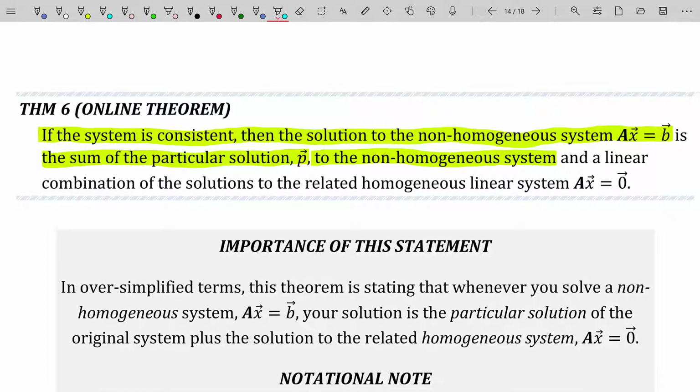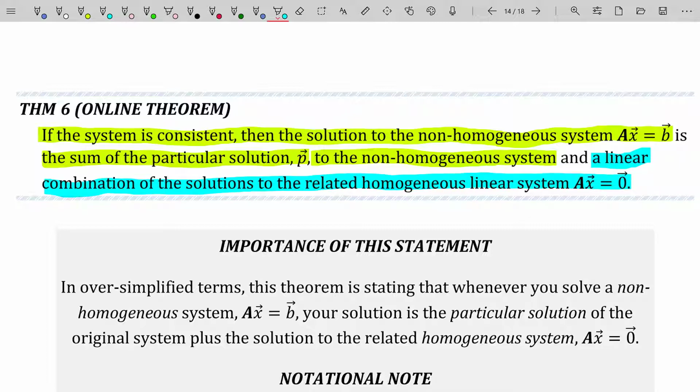Anyhow, if the system is consistent, then the solution to the non-homogeneous system, Ax = b, is the sum of the particular solution p to the non-homogeneous system. And now here I'm going to use a different highlighter because this is where this theorem splits into a secondary part. So it's the sum of the particular solution to the non-homogeneous system and a linear combination of the solutions to the related homogeneous linear system Ax = 0.